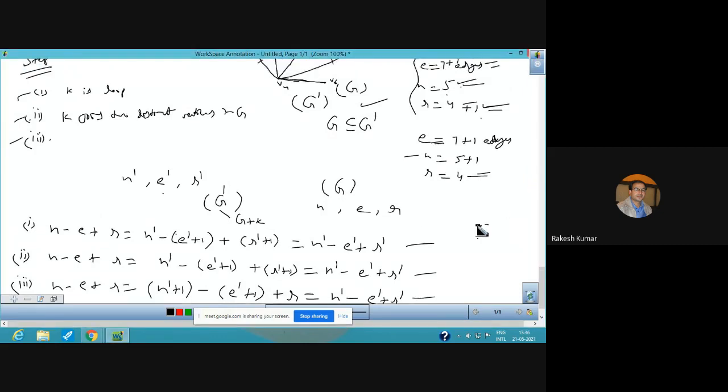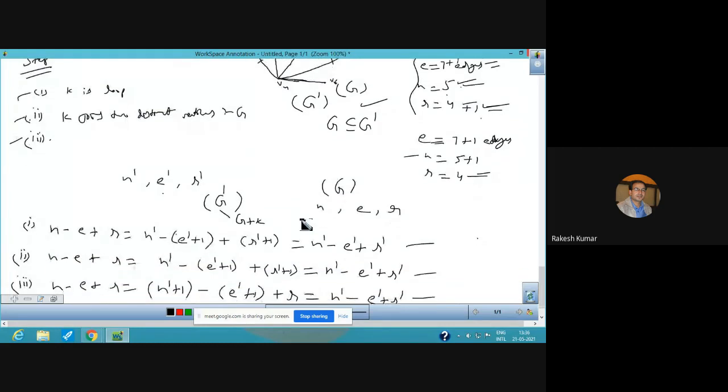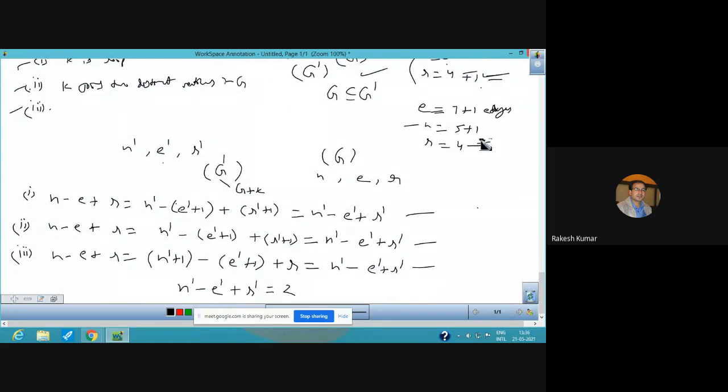You can take the help of this example. Just see, in this example of G dash, if we talk about the third case, put the values here. That is n dash, which is in the new graph. Write the new values for the new graph.